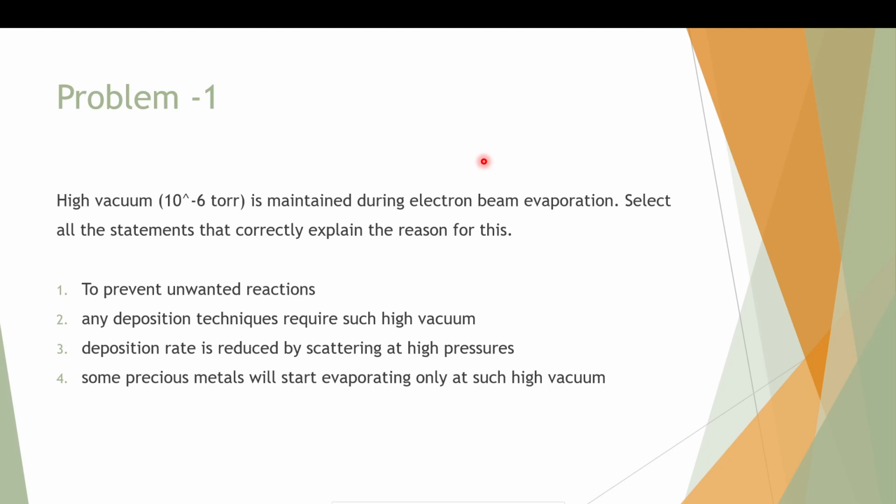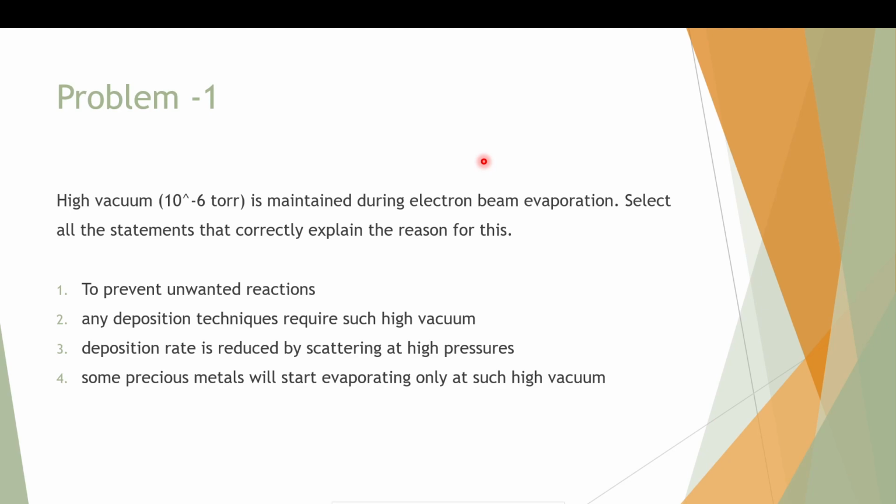I'll give you a hint: there is more than one correct option here. Say I'm not at very high vacuum, so there are some particles present in the chamber. They might also react with the material I'm heating.